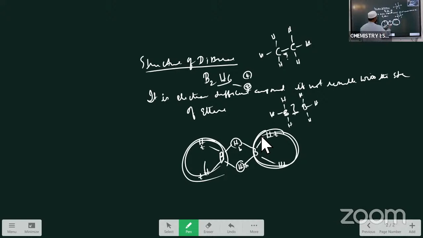Now you have to draw this structure. 2 BH2 groups are present in one plane. Now next, one hydrogen is present above the plane and the other hydrogen is present below the plane. This is the general structure.